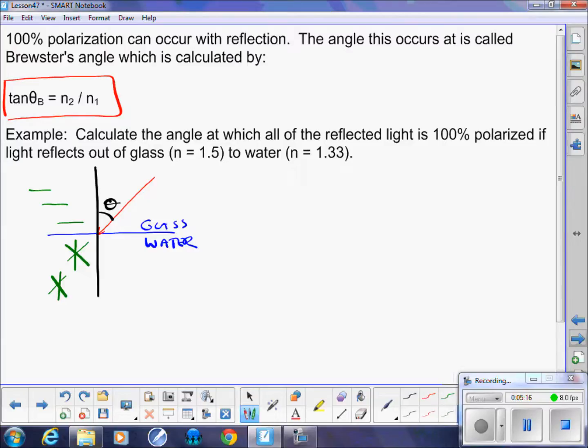So our formula for Brewster's angle is N2 over N1. N2 is always the material being entered.